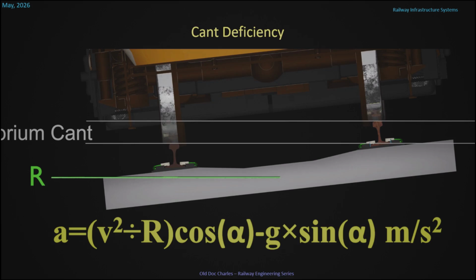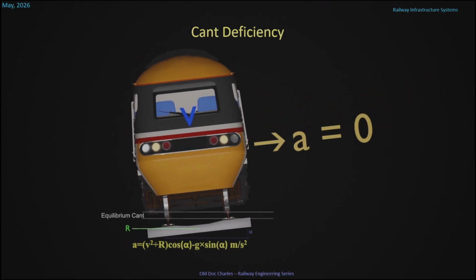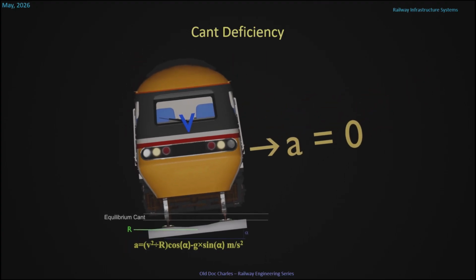Like I said, freight trains work best with equilibrium cant because it reduces the track forces. But passenger trains are different. If a passenger train goes around a curve at equilibrium cant, it causes motion sickness to the passengers. This is due to a discrepancy between the eyes, which see the train going around a curve, and the inner ear, which acts as the internal accelerometer and doesn't detect any curving forces.